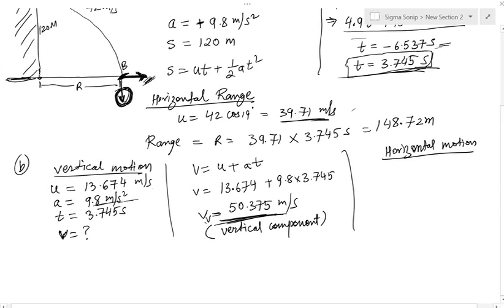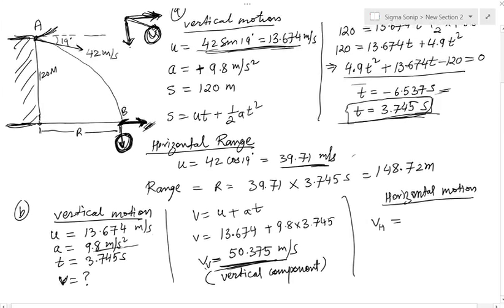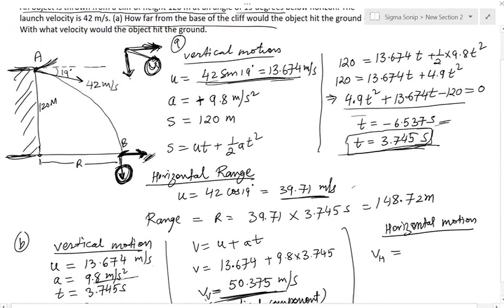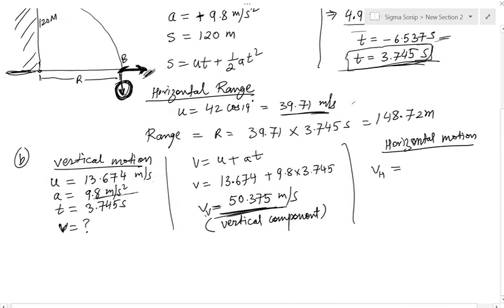What is my final horizontal velocity? I will call that VH, and because there is no acceleration, it's the same velocity and it's not changing. We found the horizontal velocity in part A, at 39.71 meters per second.